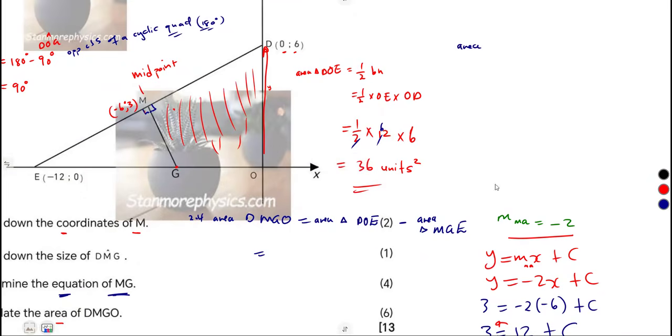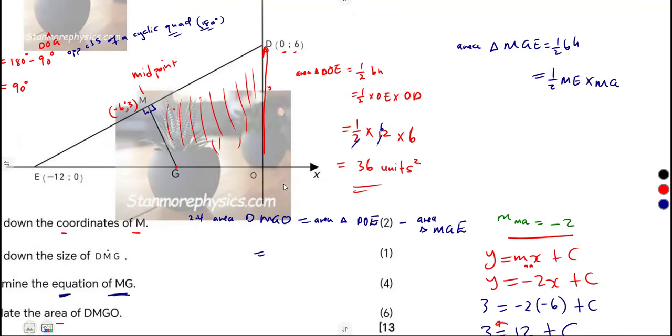The area of the smaller triangle M to G to E, using half base times perpendicular height: you can take ME as your base, so it is half of ME times the perpendicular height from M to G, the sides that meet at 90 degrees.